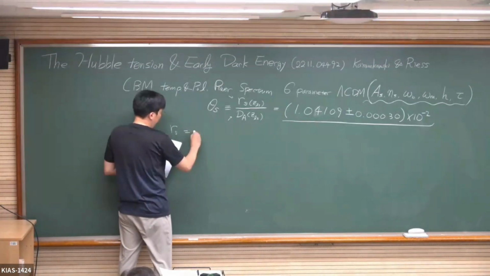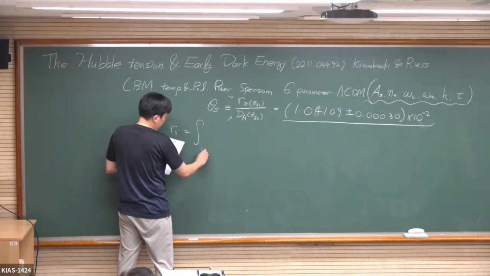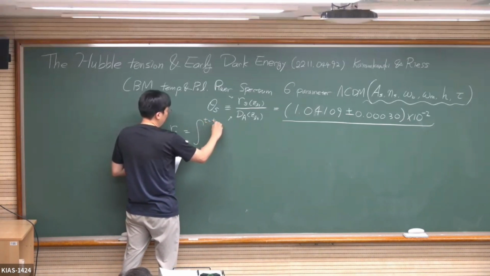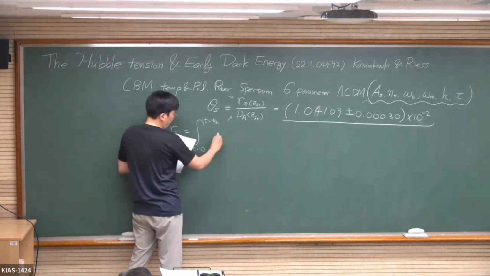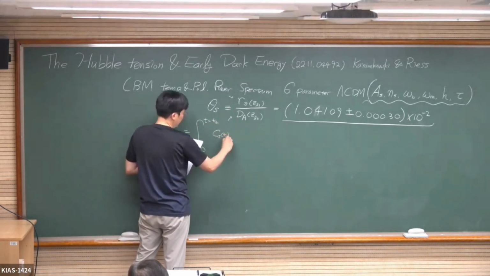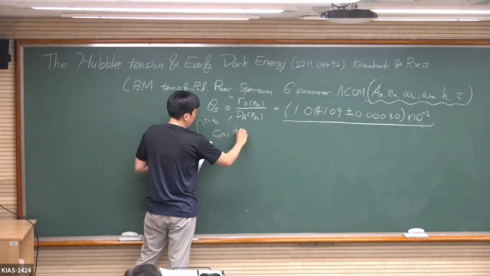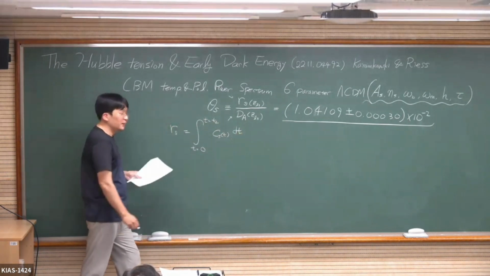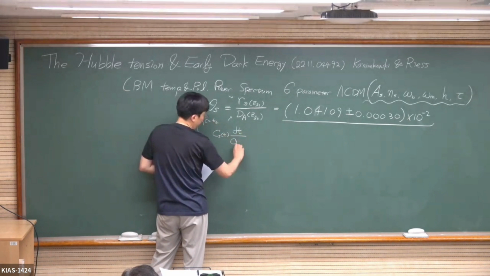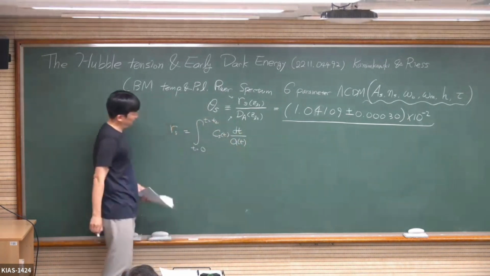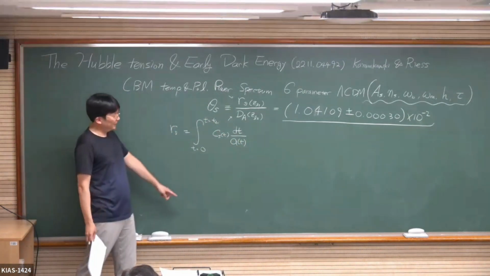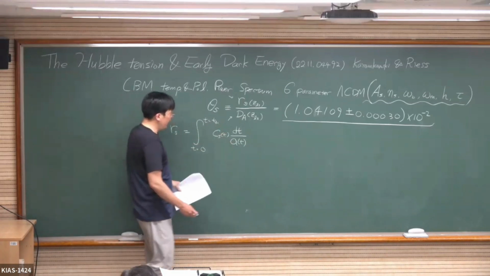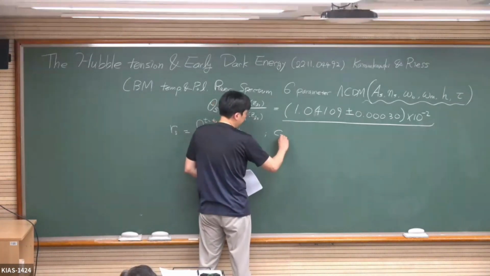So we can integrate the sound horizon from t equals 0 to t equals t last scattering. We multiply the sound speed times physical time, but since we want to compute the comoving horizon, we divide by the scale factor. Good. Speed, time over scale is familiar. And what's the sound speed?